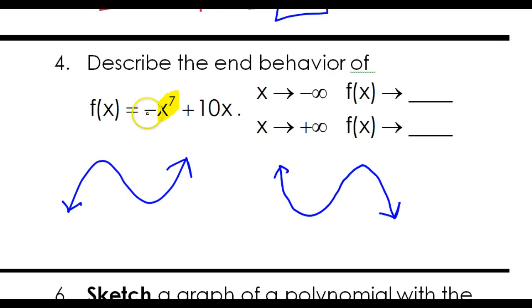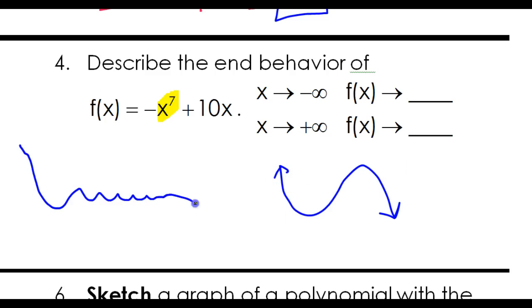Because it's a negative leading coefficient, I know it's going to have the end behavior of an upside down N shape. Now this is not cubic, so it won't just be an N shape. In reality, it has extra waves in between. But that doesn't really matter because all we need is the end behavior.